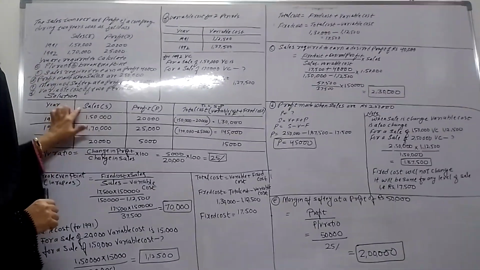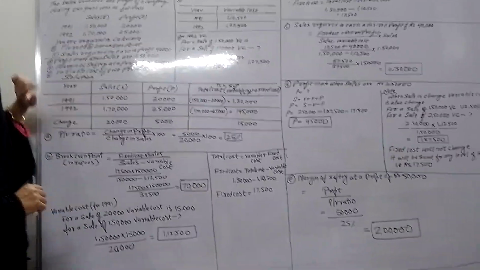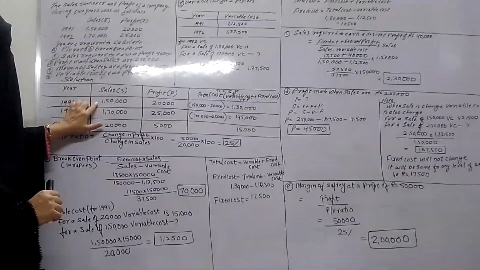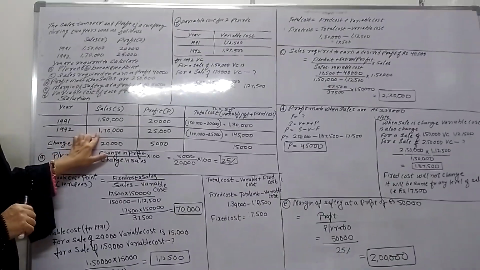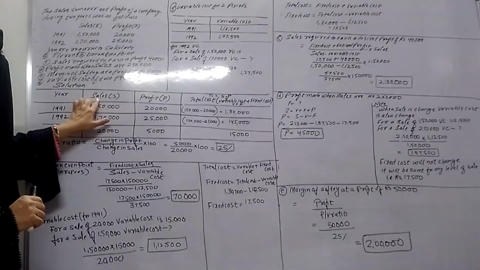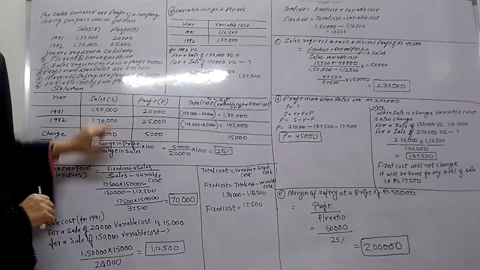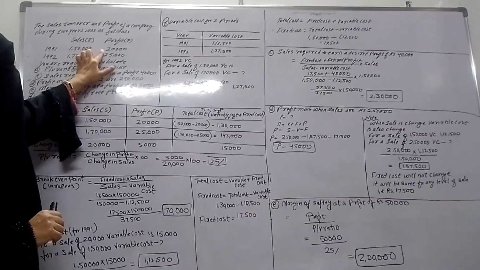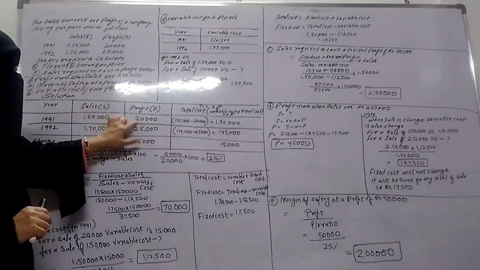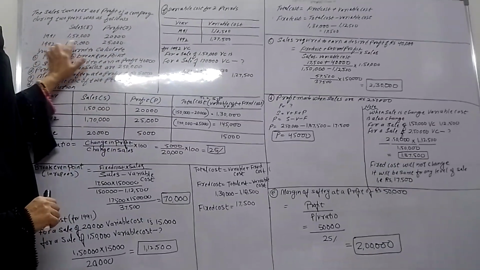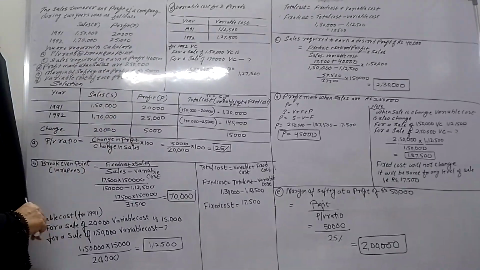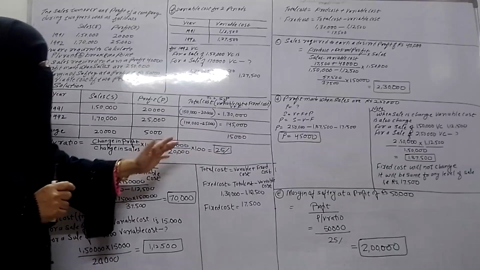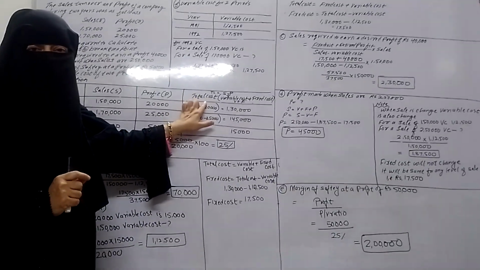The second column is sales, which is given in the question: for 1991 the sales is 1,50,000, for 1992 the sales is 1,70,000, and sales is represented by S. And profit is given: for 1991 profit is 20,000, for 1992 profit is 25,000. And the last column is total cost.